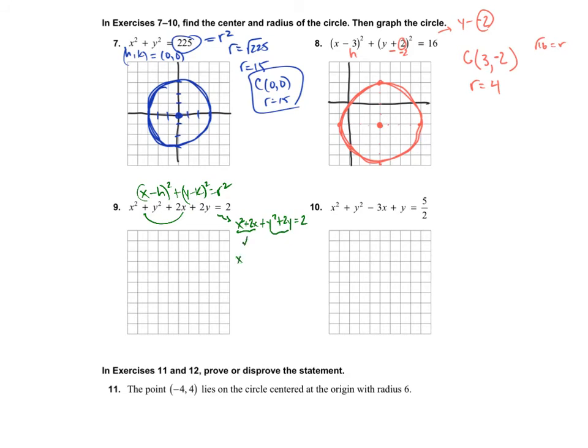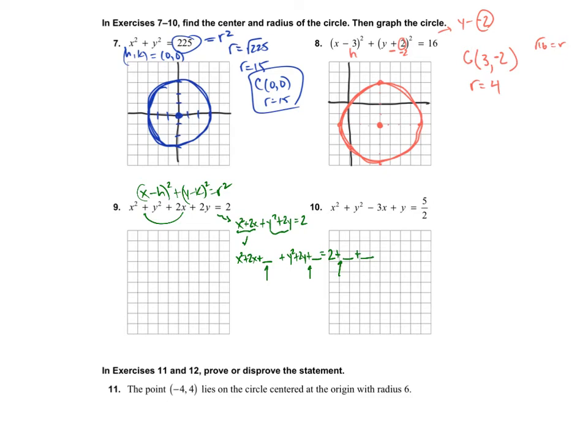For this side, we're going to say x squared plus 2x, and I'm going to put plus blank. Then I'm going to say plus y squared plus 2y plus blank. Now, I've run out of room here. I wish I had a little bit more room. On the right side of the equation, I've got a 2, but then whatever I add here, I need to add here. So I'm going to need 2 blanks right there.